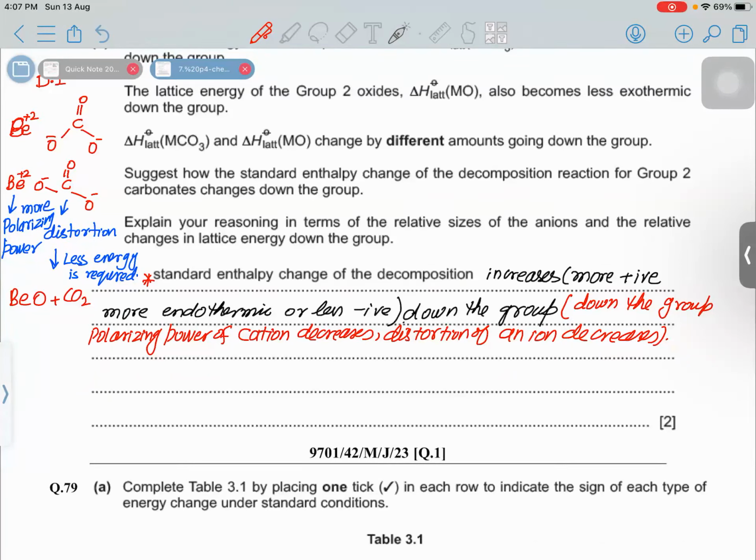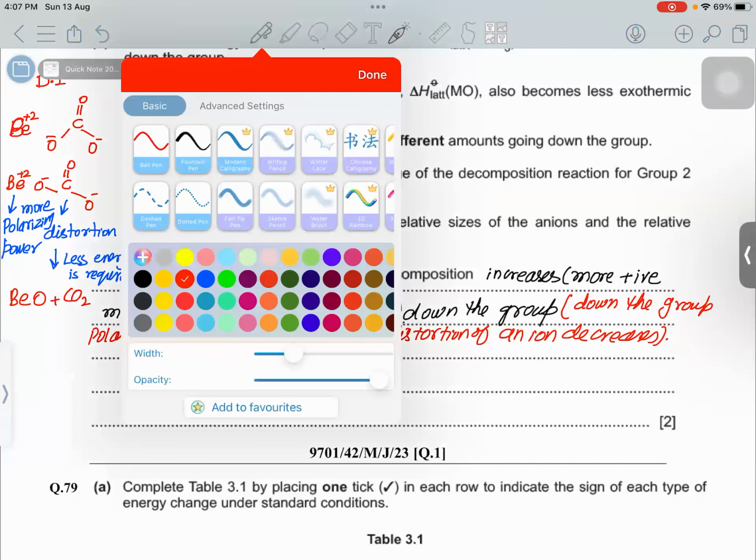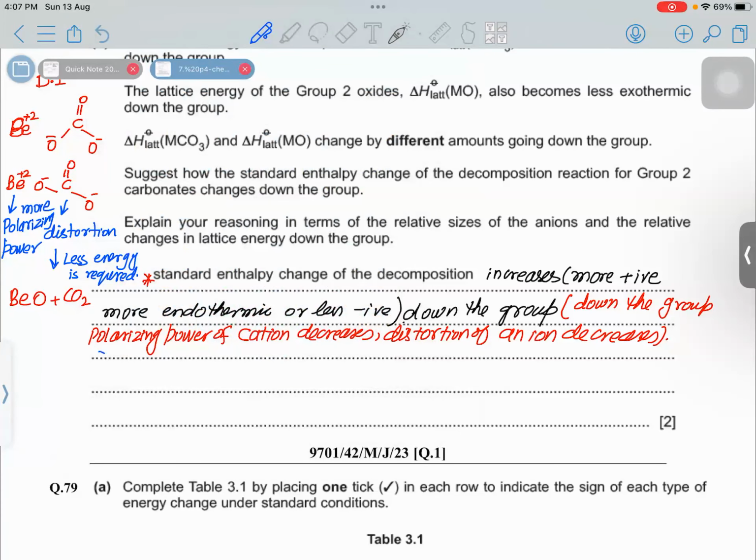So oxide. So second point is size of O2-, oxide, is smaller than size of carbonate. So which one has more lattice energy?